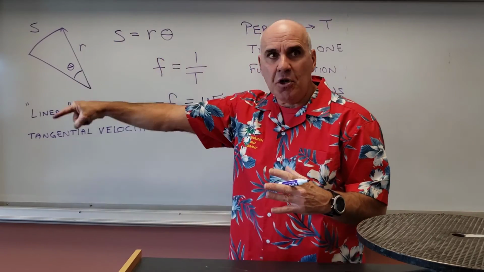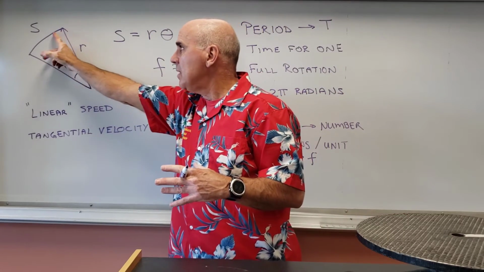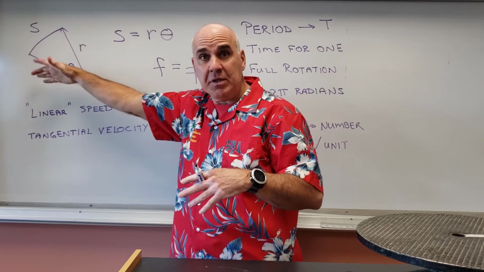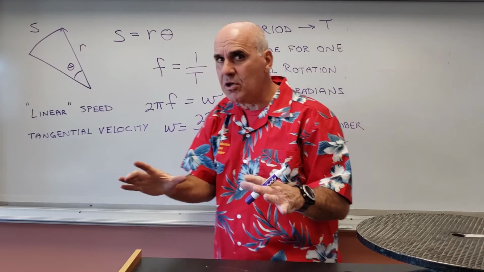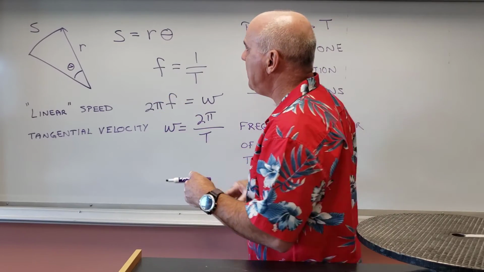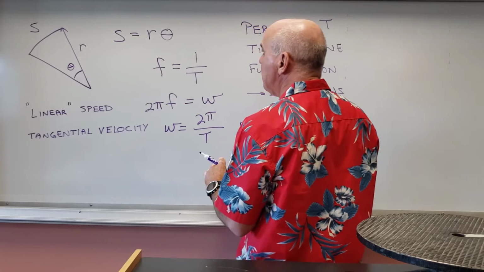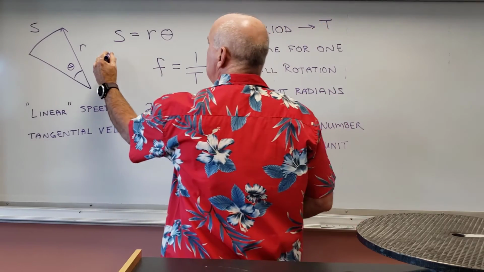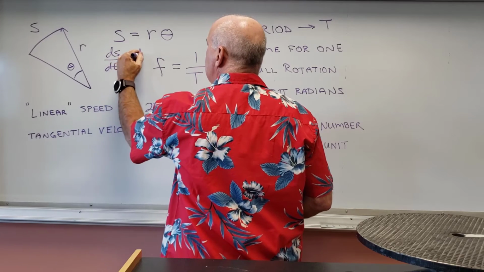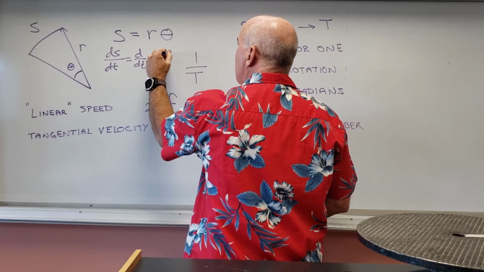Now, let's think about this for a second. My speed going around, how many feet per second or inches per second or meters per second, whatever that speed is. I'm not going to go with velocity yet because we don't know a direction. But my speed, that would be the derivative of this with respect to time. So speed would be the derivative of s with respect to time, equals the derivative with respect to time of r theta.